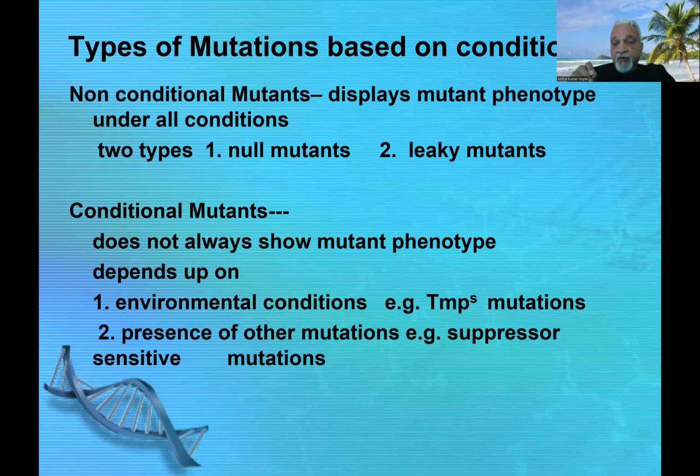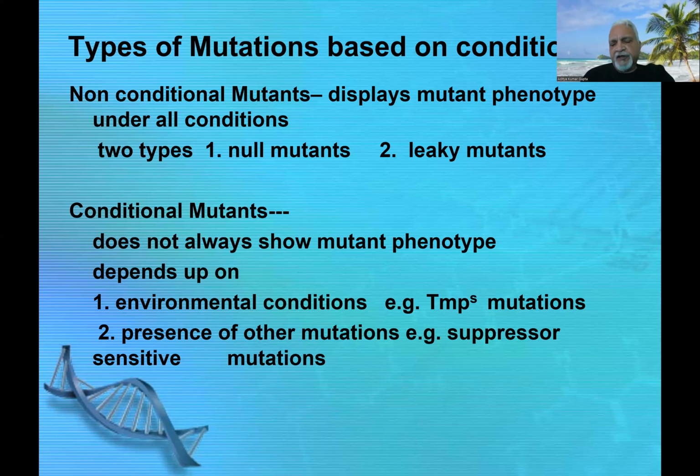If the cells are grown under specific growth conditions, then only the mutant phenotype is shown. These are environmental conditions, for example, temperature. So if a mutation is affecting the sensitivity of a bacterial cell to temperature, then what will happen? Under normal conditions, the cell will grow. But if you increase or decrease the temperature, then it will show the phenotype of sensitivity to temperature.